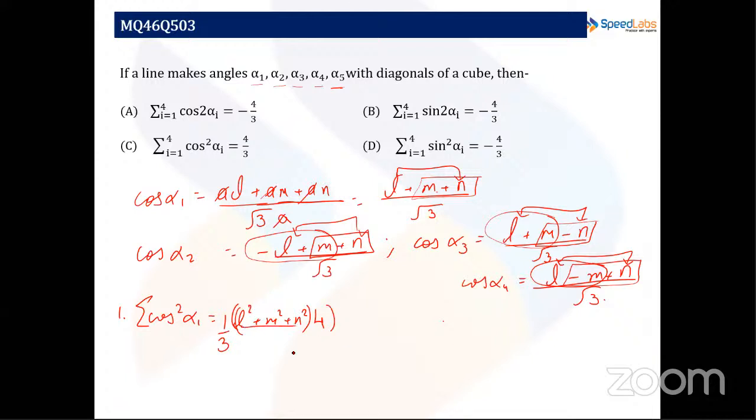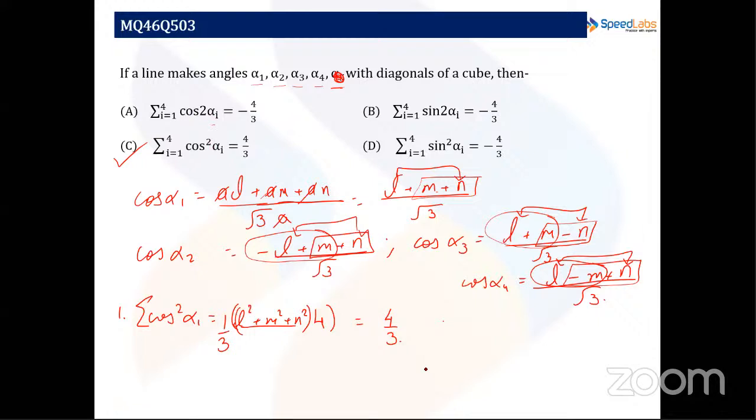And L square plus M square plus N square, since it is a direction cosine, the sum will be equal to 1. So we will get the answer 4 by 3. Option C is correct. Now, moving to this question.